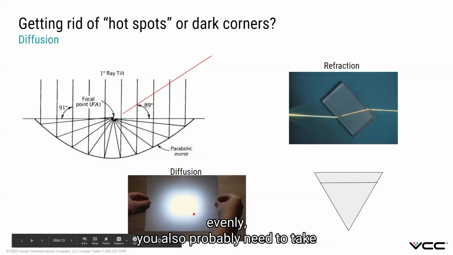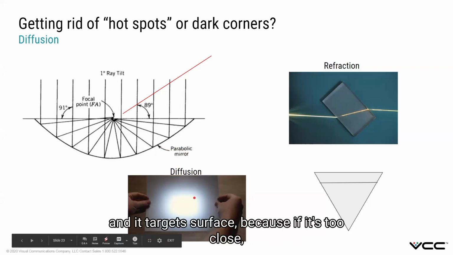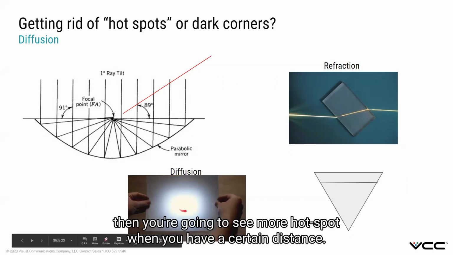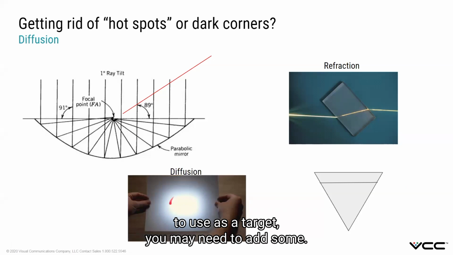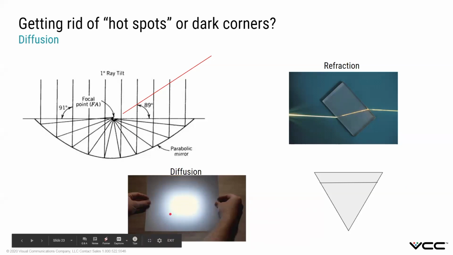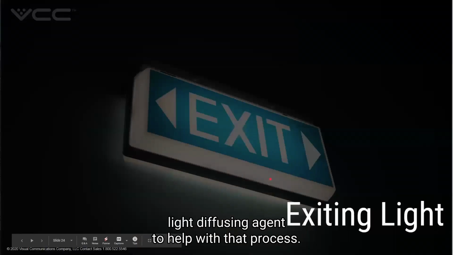You also probably need to take into consideration the distance between the light output and the target surface, because if it's too close, then you're going to see more hotspots than when you have a certain distance. And also the material that you're going to use as a target, you may need to add some diffusion agents to help on that process.